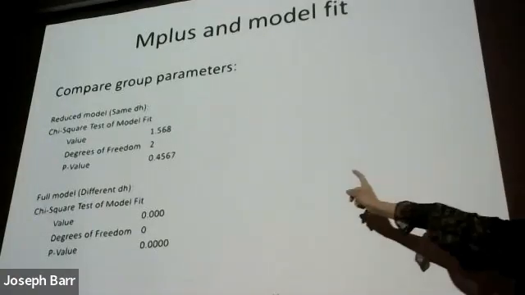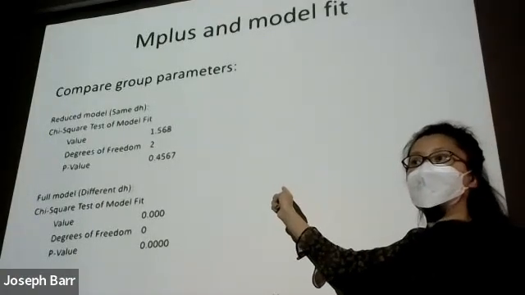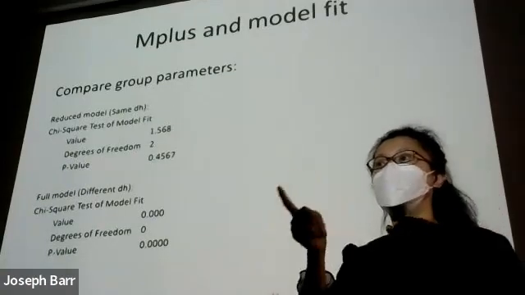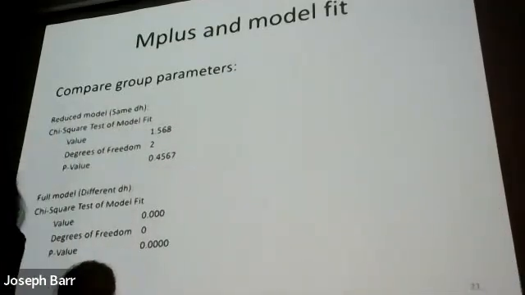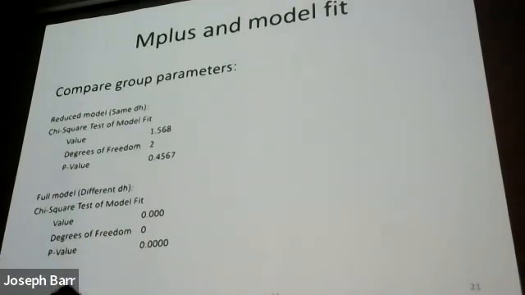Then, what's your conclusion based on the result here? It's not different. That's not significantly different. That means what? So, which models are we comparing? Reduced and full model.